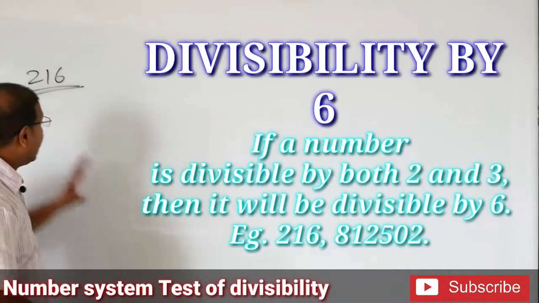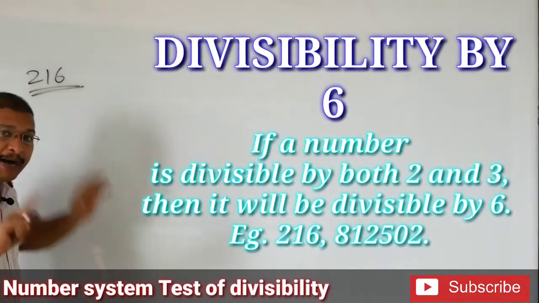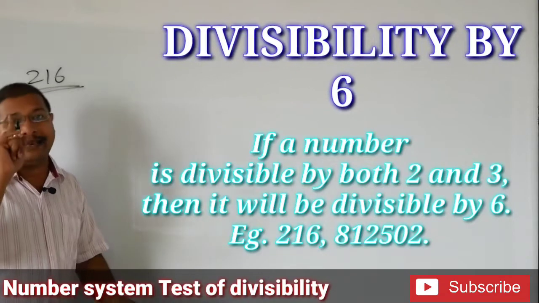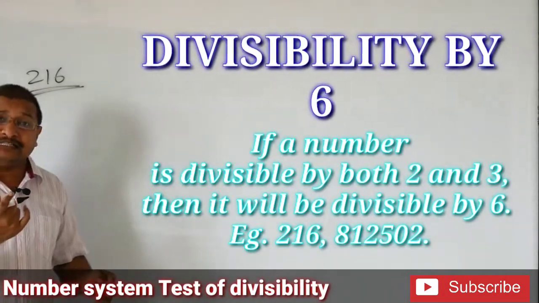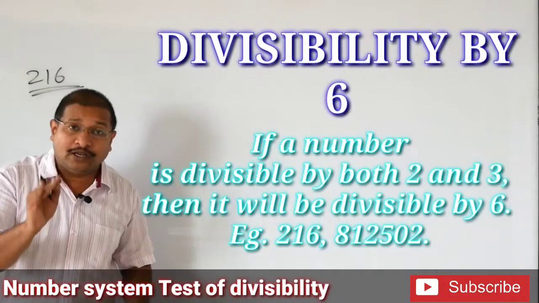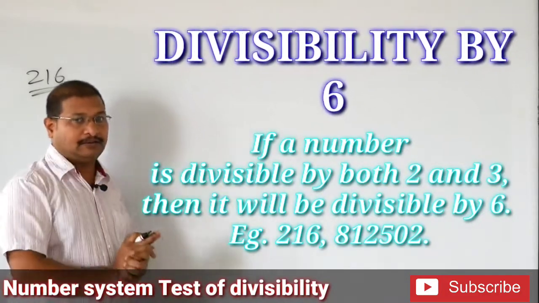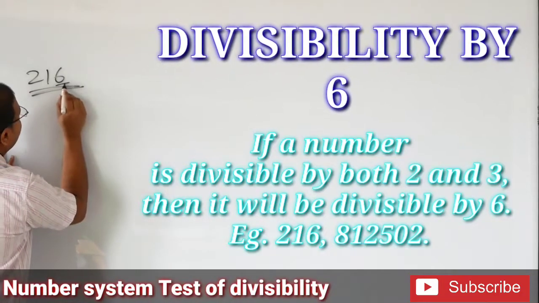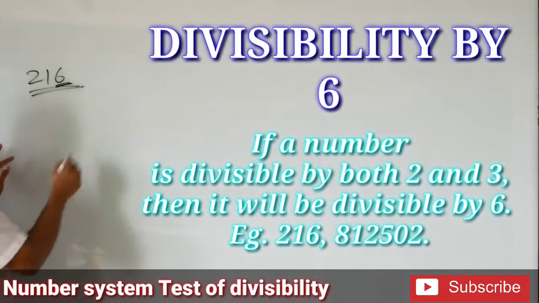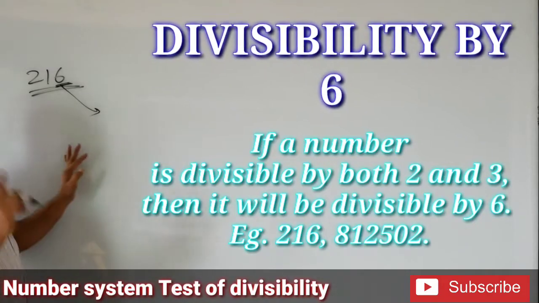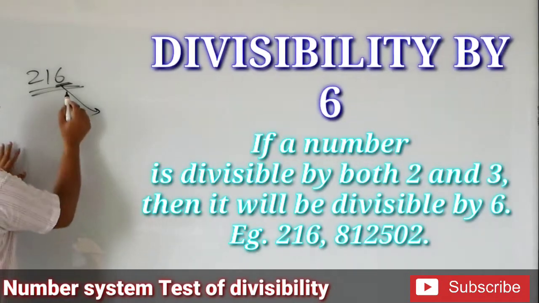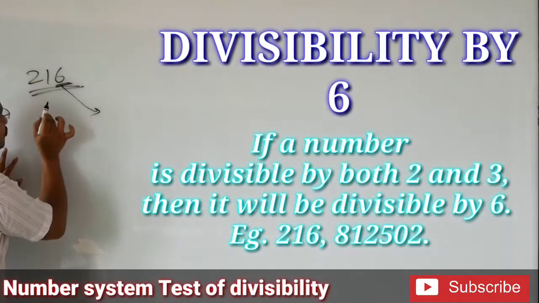You have to see that the number is divisible by both 2 and 3. What is the divisibility of 2? The number should be even, which means the unit place should be even. Check it: 6 is an even number. That means this number is divisible by 2.